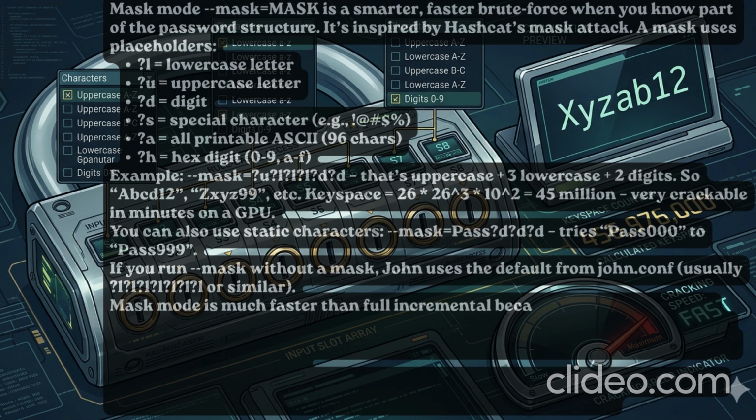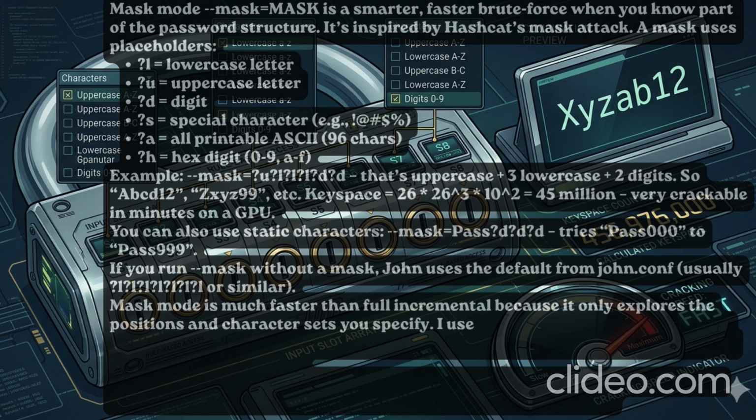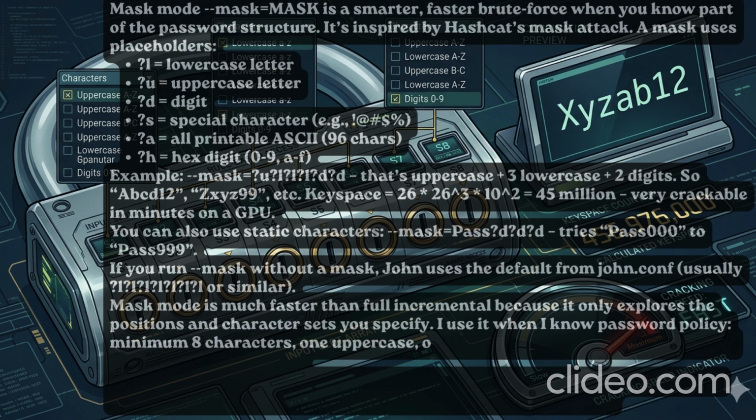If you run --mask without a mask, John uses the default from john.conf, usually ?l?l?l repeated 8 times or similar. Mask mode is much faster than full incremental because it only explores the positions and the character sets you specify.